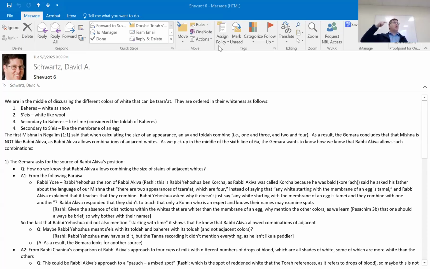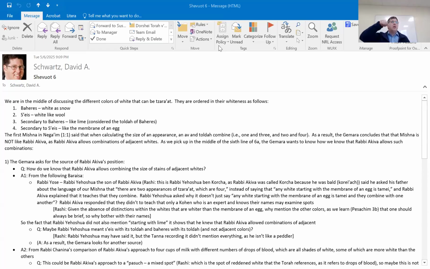So doesn't this show that Rabbi Akiva is focused on gradations? And so as a result, each one that's next to each other is considered the ones that you would combine. And so since we're talking about the four main whites, doesn't that show that Rabbi Akiva holds that the four whites are combined one with the next? Not necessarily. Aimer deshamat le Rabbi Akiva befasuch.